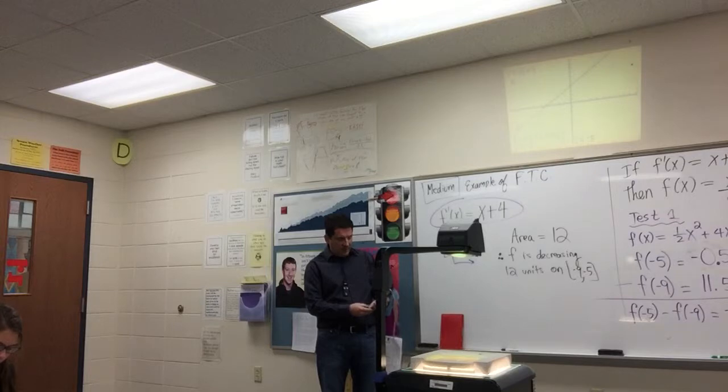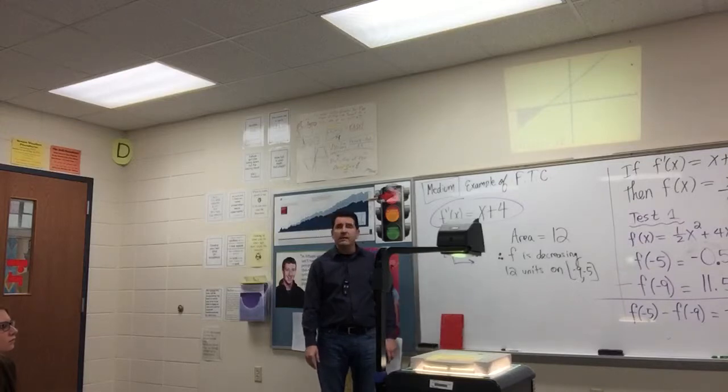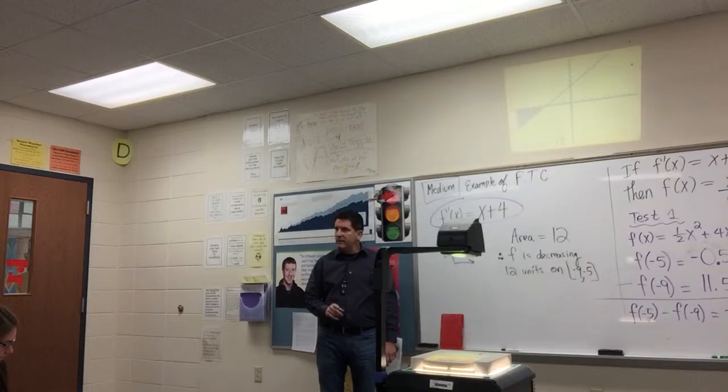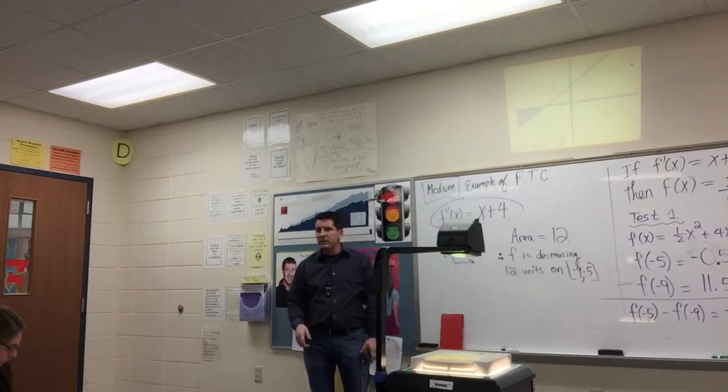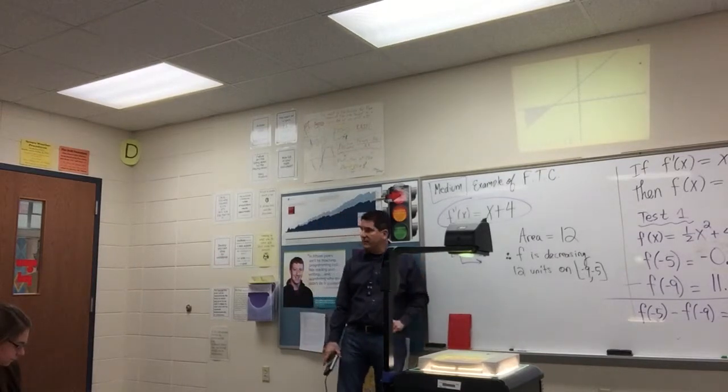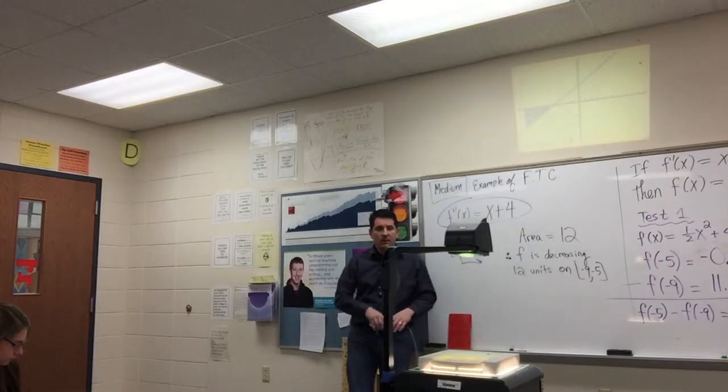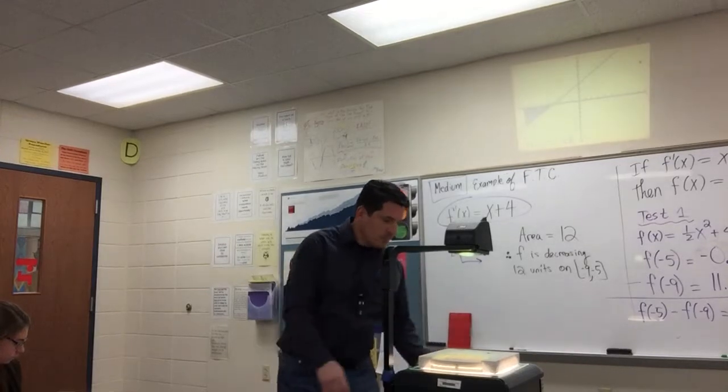And then the upper limit, which is the right one, -5. And it shades it, and it tells you how much it's decreasing by. So the derivative not only tells you where things are increasing or decreasing, it tells you how much it's increasing or decreasing. Does that make sense? Okay.